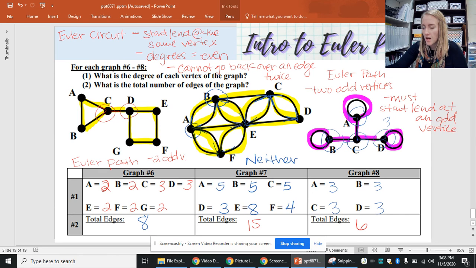So that means that if you start at the 3 or the 5 vertice, then you must end at the other 3 or 5 or 7 or whatever the odd vertice is. And you're going to trace every single edge exactly one time in an Euler path. Hopefully that's helpful. Let me know if you have any questions at all.